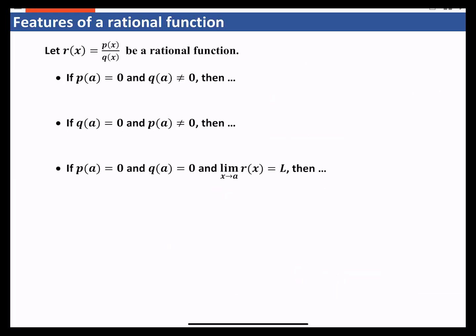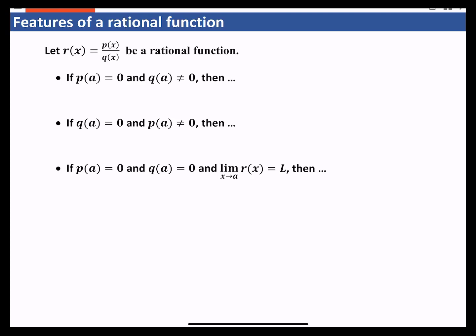So remember, the goals of this screencast were to determine what the graph of r of x looks like when only the numerator equals 0, what it looks like when only the denominator equals 0, and what it looks like where both the numerator and the denominator equal 0.